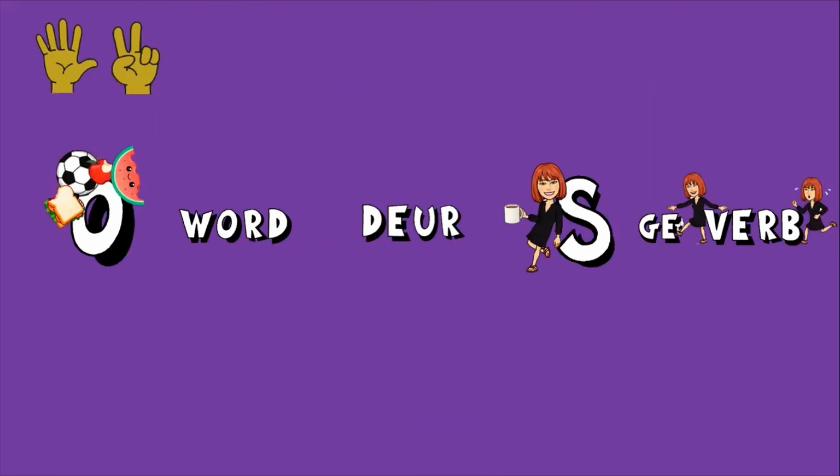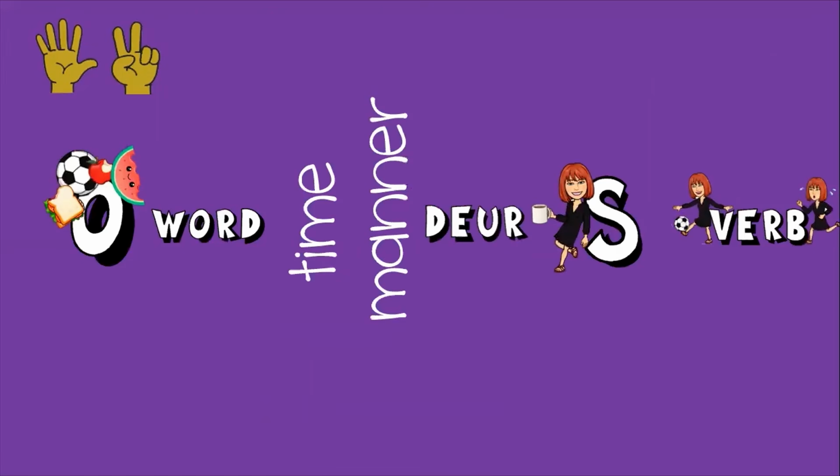Nou, kom ons kyk, dit is ons woordorde, the object, word, deur die subject, geverb. This is the present tense. Now, where are we going to put time and manner in? Let's look. We are going to put it in there. So, we know when you change it from bedrywende to lydende, we start with the object. And then the verb.